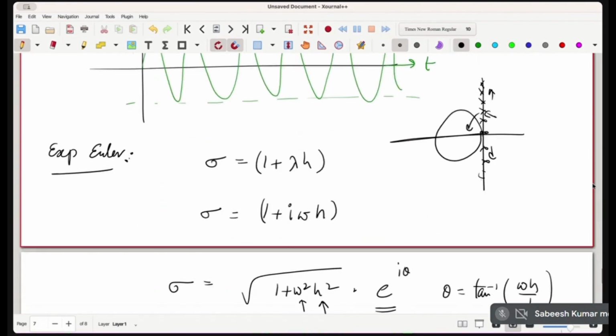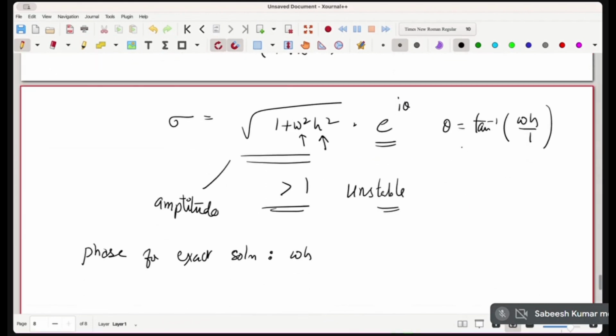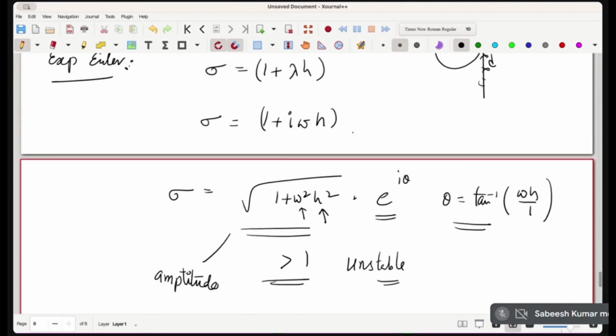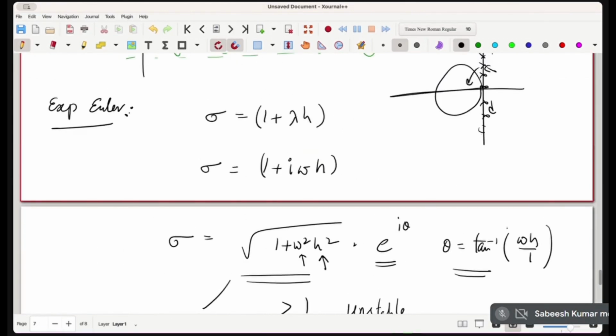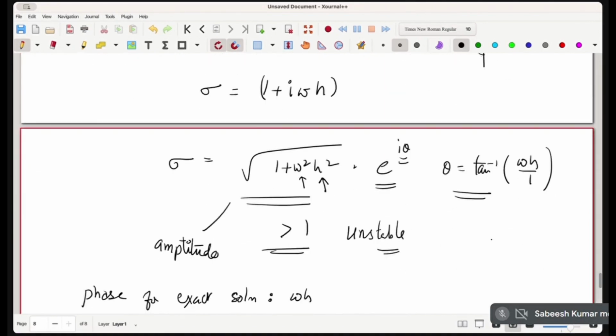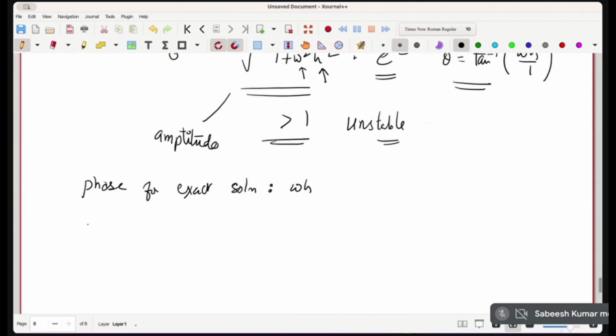Then what about the phase for the numerical solution? If I solve it with explicit Euler, I have theta equals tan inverse omega h. So instead of e to the power I omega h, I have e to the power I tan inverse omega h. So the phase for explicit Euler is tan inverse omega h.